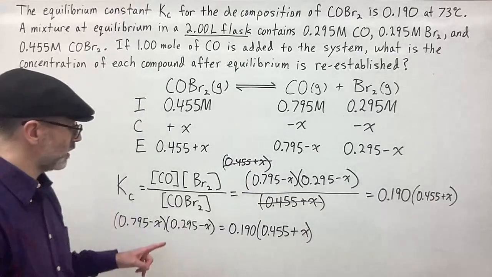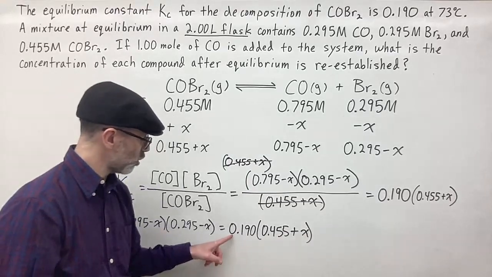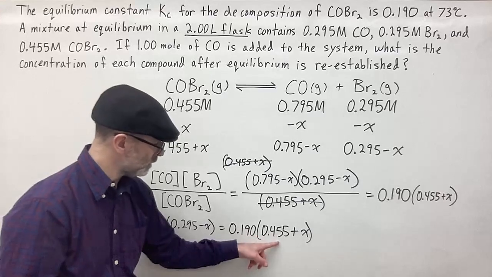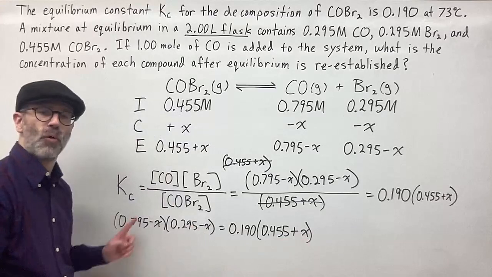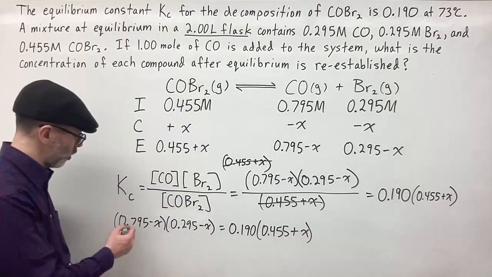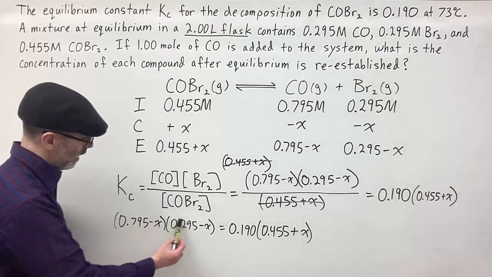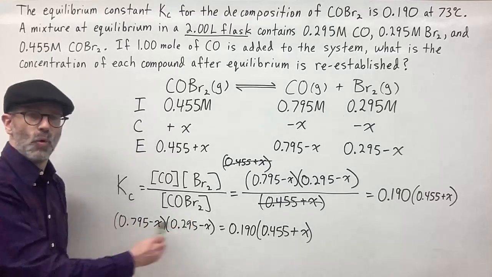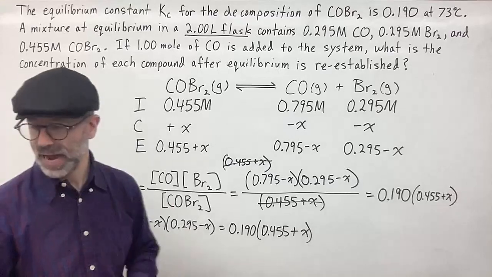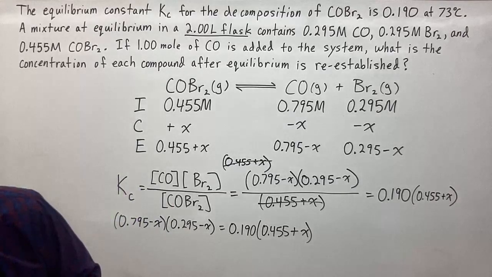Now the next step is to distribute this to each of these. So multiply 0.190 times this, and then multiply it by x. This one you'll have to do the FOIL method, so this will be multiplied to this, and then your negative x will be multiplied to this, and you'll get 4 terms that can then be added together. So let's go ahead and do that a little bit here.